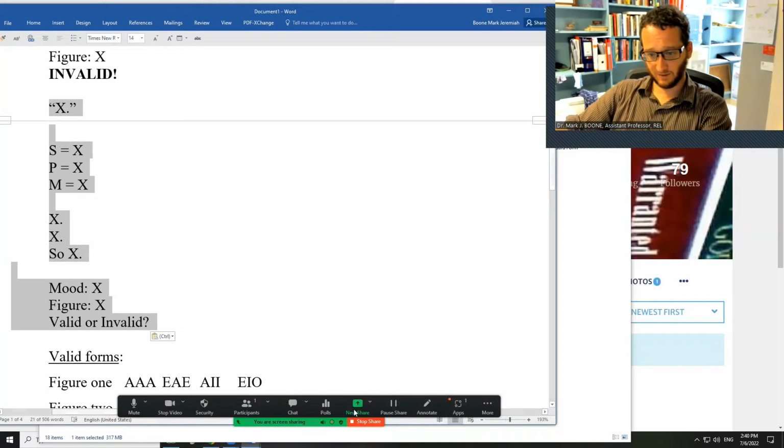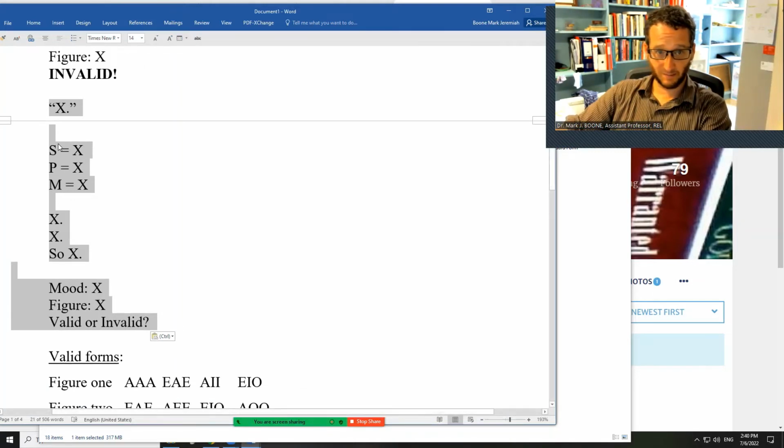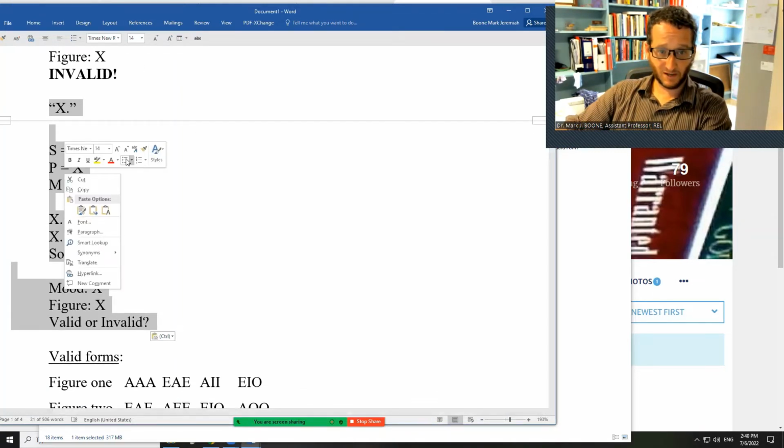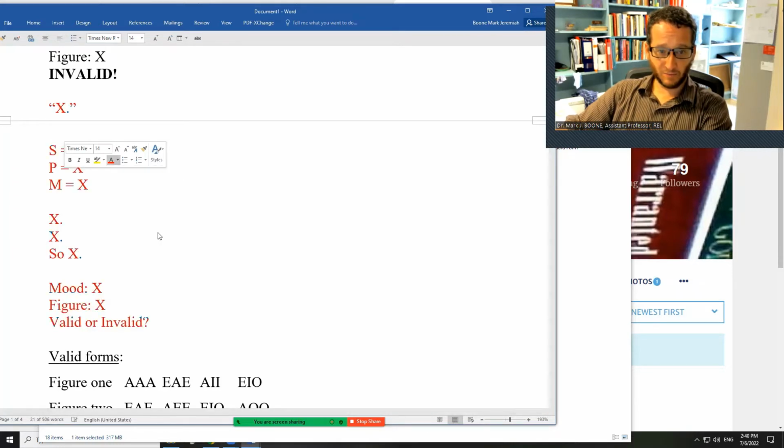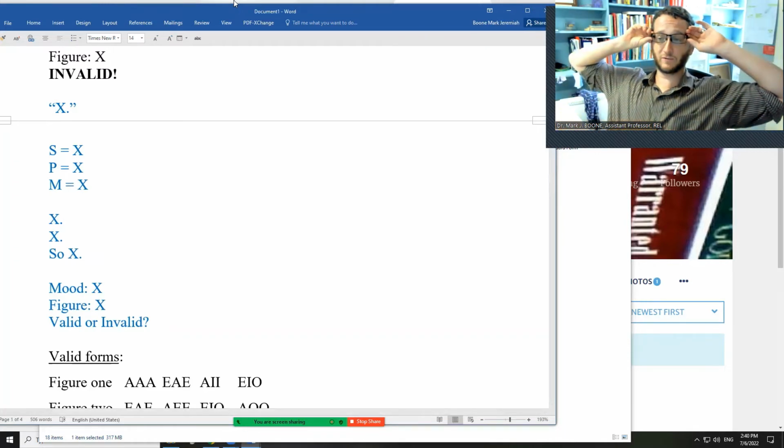Let's put it in blue. Maybe that will help. Here in blue is my pattern for testing my next syllogism for validity.